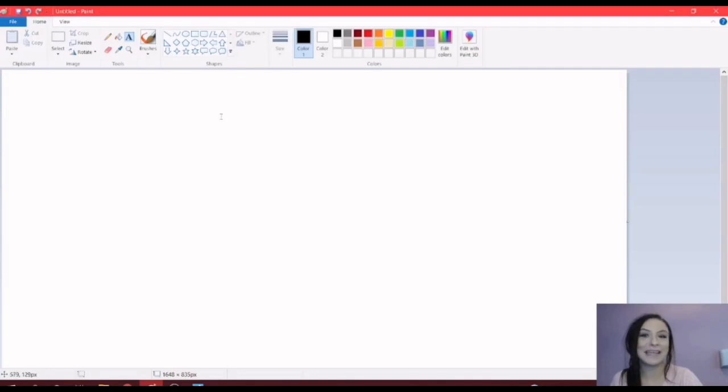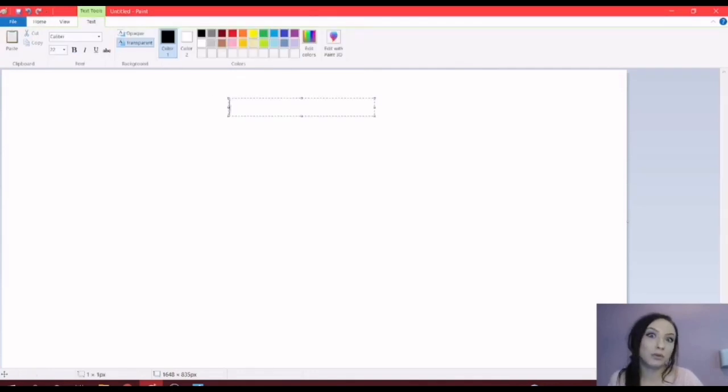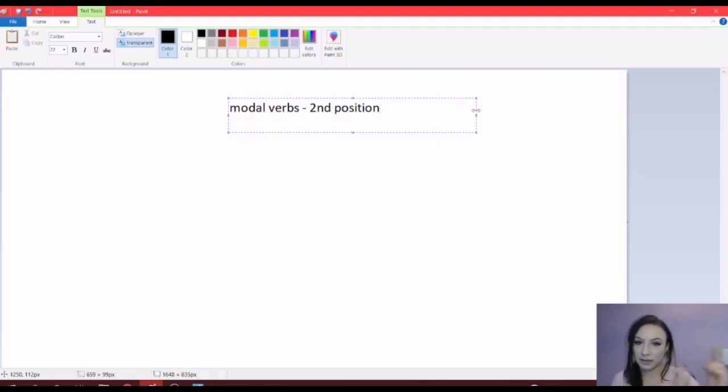Now let's see how we can use these verbs. Modal verbs in German occupy the second position in a sentence. The other verb, remember, they always require a second verb, and that other verb is always at the end in infinitive form.